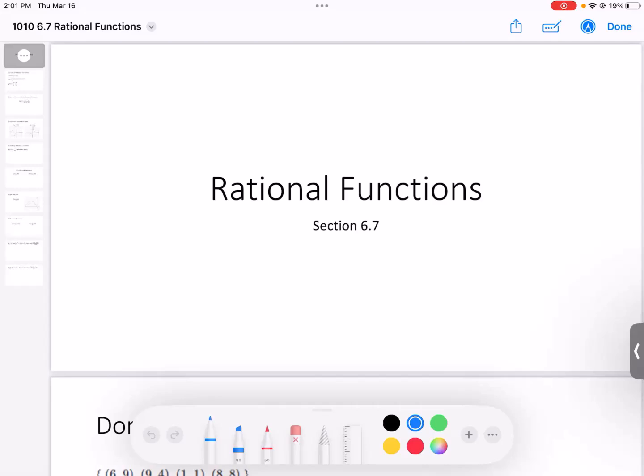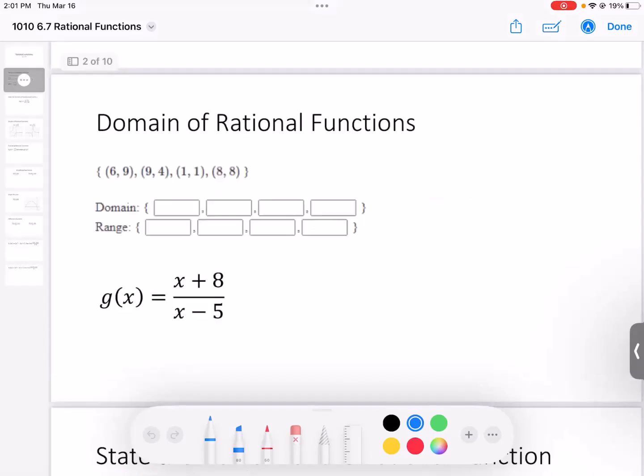So there's a couple of different things you need to know about rational functions. The first one is that the domain of rational functions is often restricted. Remember, the basics of domain and range is that the domain is a list of all of your possible inputs. This is a review from our function lesson.